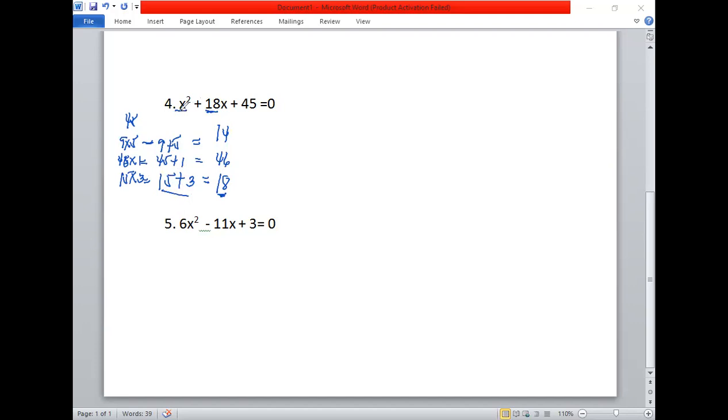Now let's factor x squared. So we have x times x, and then positive 15 and positive 3 is equal to 0. We need to equate them to 0 to find the roots of the quadratic equation.